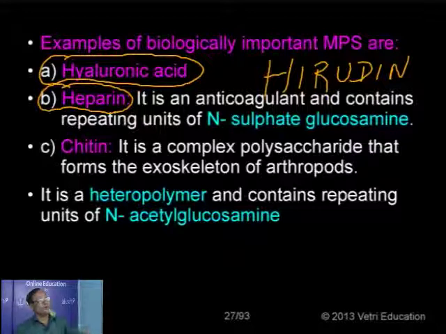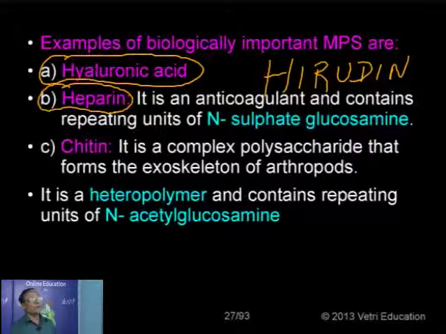Hirudin prevents the coagulation of blood while the leech sucks blood from the host body. Now heparin is a polysaccharide, a mucopolysaccharide, whereas hirudin is a protein. That's the main difference between these two. Heparin, a polysaccharide, is that way a mucopolysaccharide, a heteropolymer.